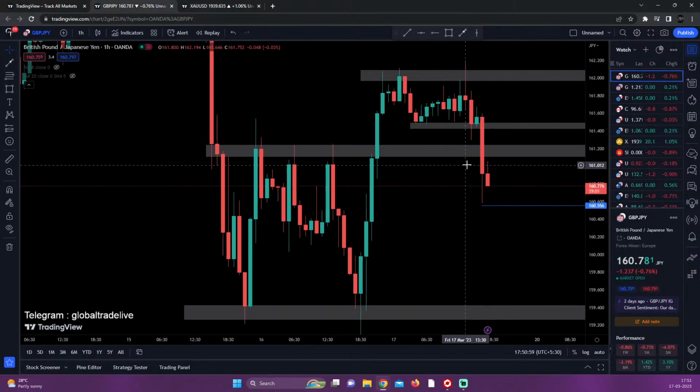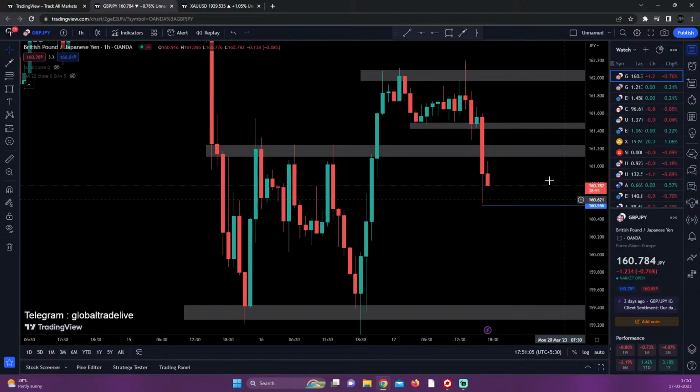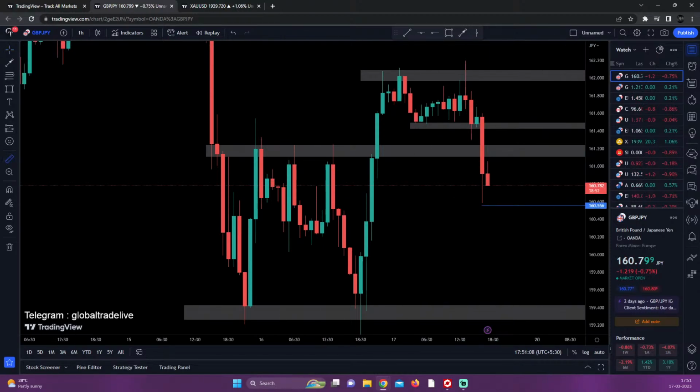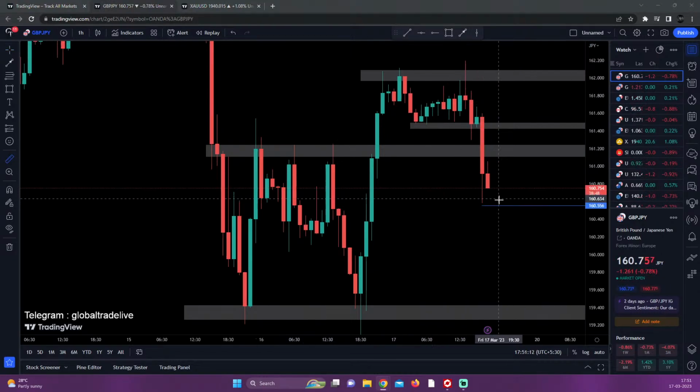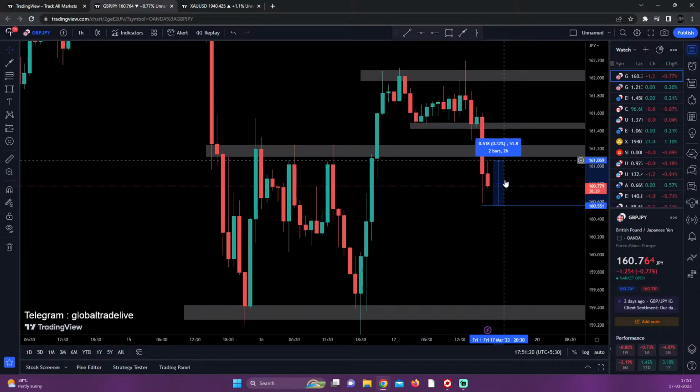Perfect. GBP JPY is moving down, so the current 1 hour candle is having like 38 minutes to move down, and once it broke the low, oh, so this could be a huge stop loss, now 51 pips.